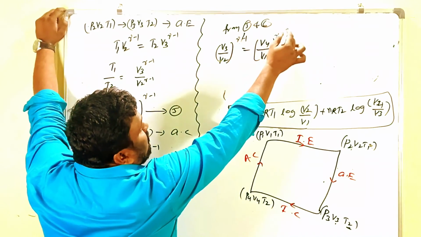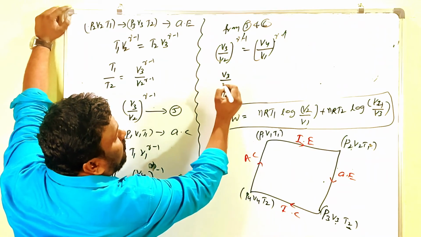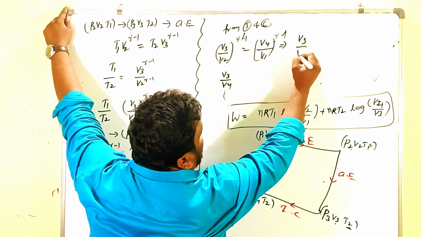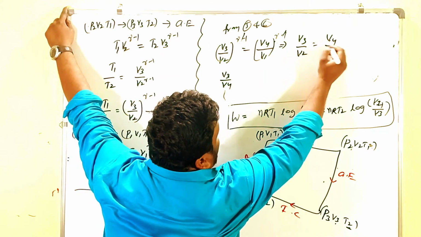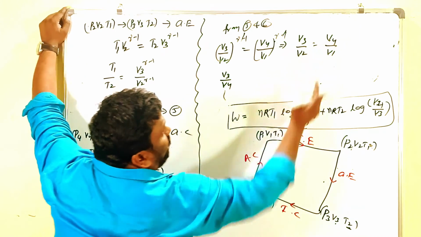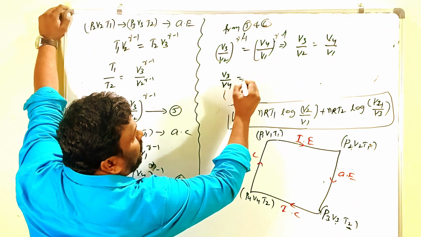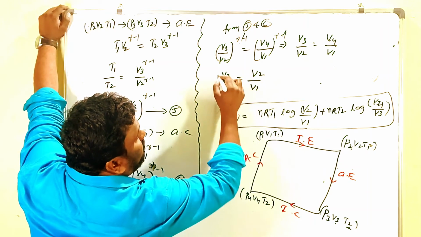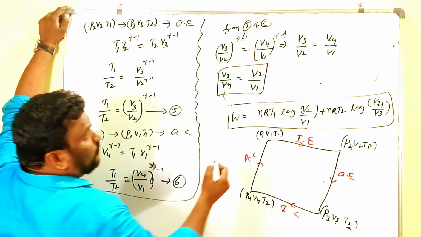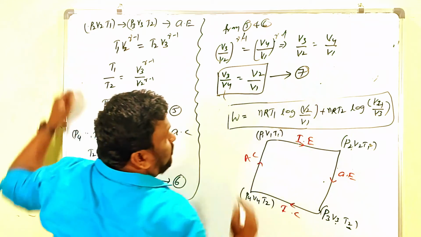Here gamma minus 1 cancels. Then simply V3 by V2 is equal to V4 by V1. From that we can write V3 by V4 is equal to V2 by V1. So why are we doing all these things? Let's go further. This is equation number 7.